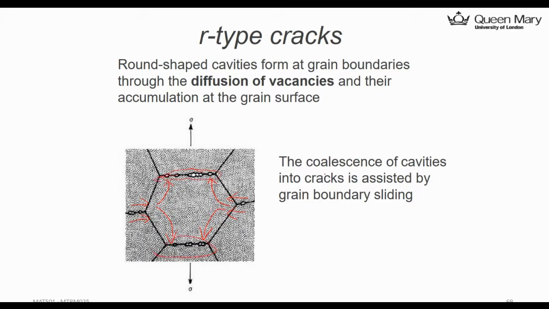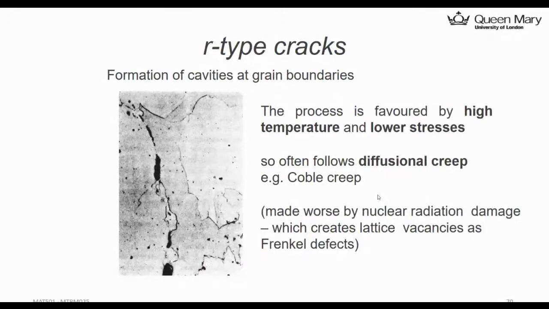And eventually coalescence of these cavities will form a crack, which is assisted by the grain boundary sliding. These are R-type cracks, and this is the formation of R-type cracks. So imagine that is the load direction, and you form some cracks here.